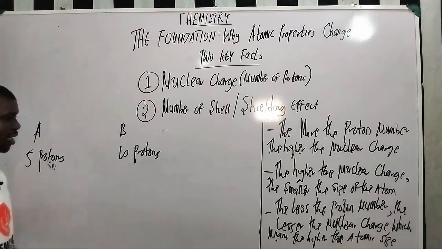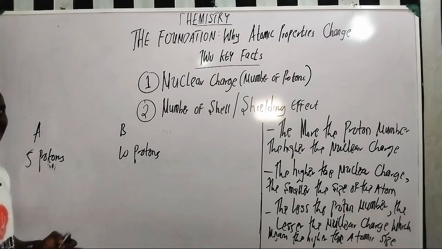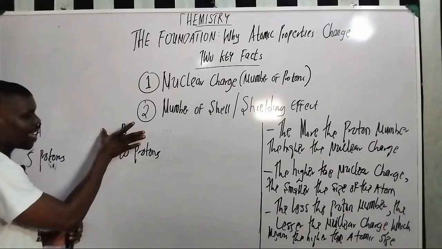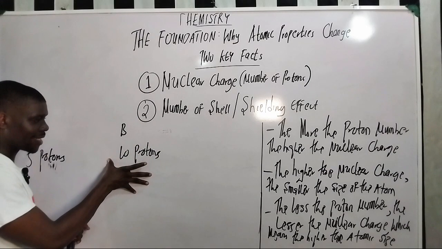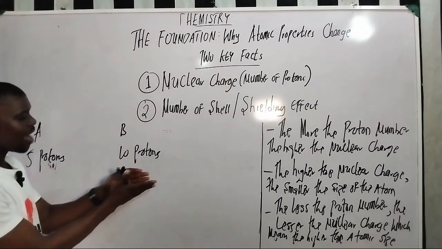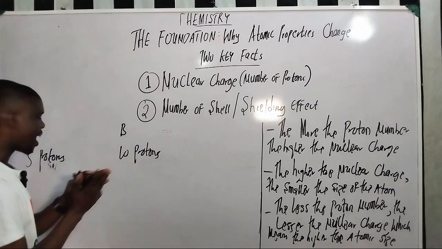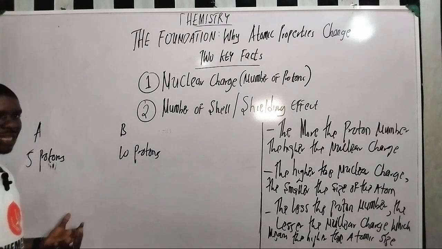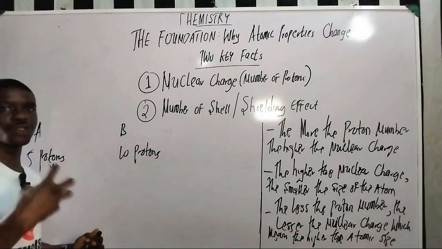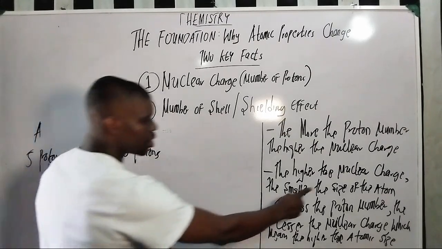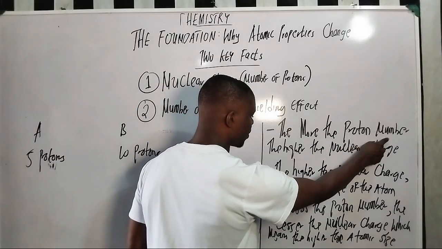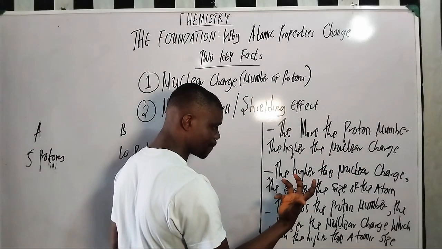The one that has more protons. If atom A has 10 protons and atom B has 5 protons, then according to what I've written, the higher the proton number, the higher the nuclear charge.